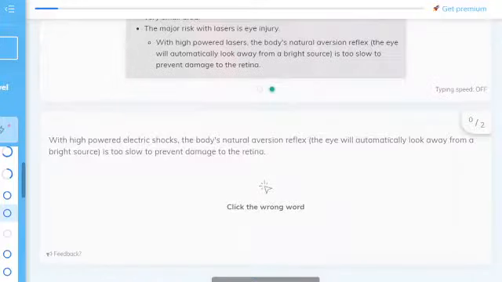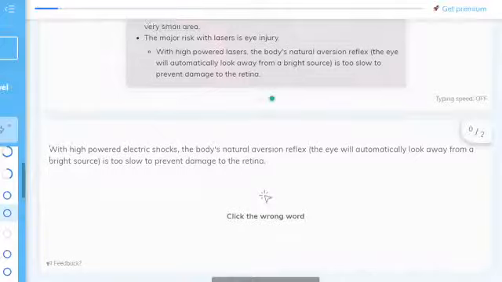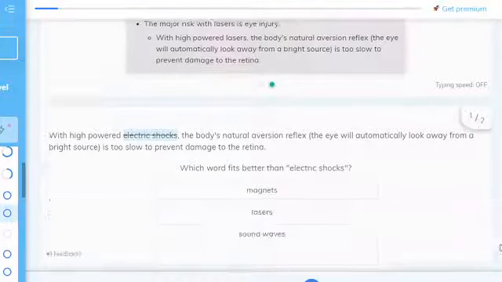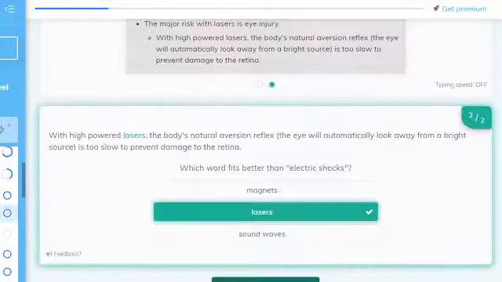With high power, the body's natural aversion reflex, the eye will automatically look away from the bright source, is too slow to prevent damage to the retina. So with high power, it's not electric shock. We're talking about lasers, aren't we? That should have been very obvious from the start.